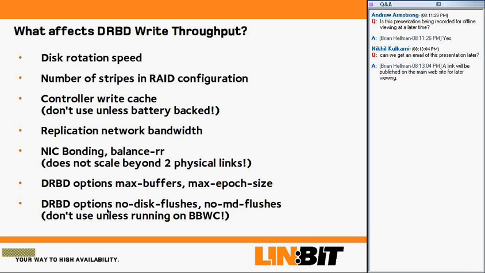However, you should always consider that unless your controller is battery backed, you're putting your data at risk by using a controller write cache, in other words, using write-back mode for your controller. So the general rule here is, for the sake of the integrity of your data, don't ever make use of a controller write cache unless it is battery backed.